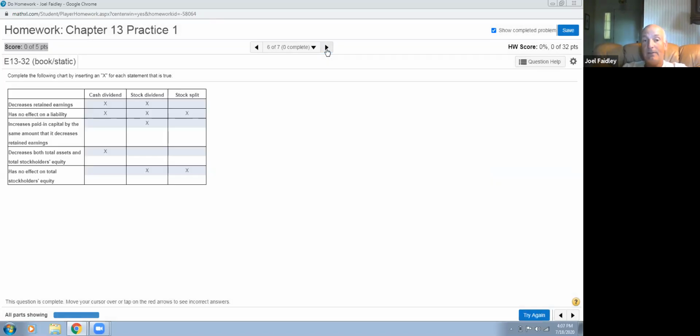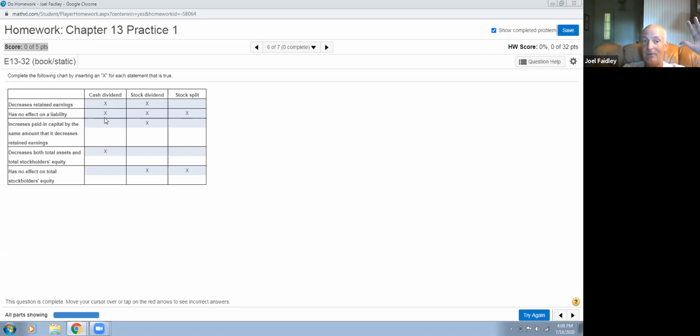All right, what happens with a cash dividend, a stock dividend, or a stock split? I haven't talked about stock split, but you've read about that in the PowerPoint. Cash dividend, stock dividend, both reduce retained earnings, even though they don't use the title retained earnings, which they should. Cash dividend, yes, it's going to impact dividends payable, but then dividends payable is going to be zeroed out, isn't it?